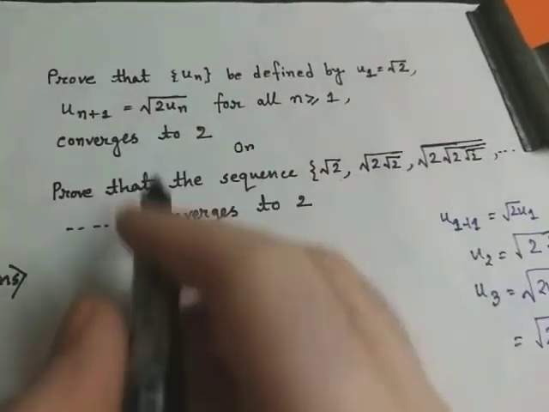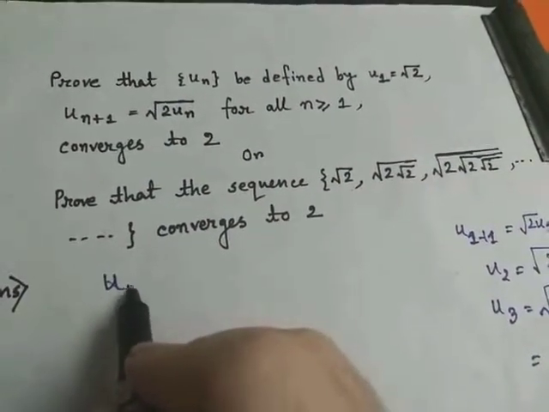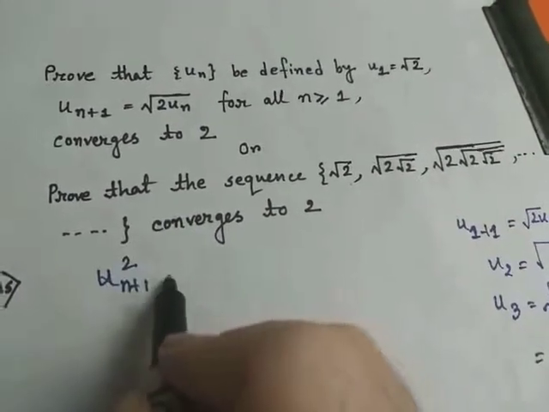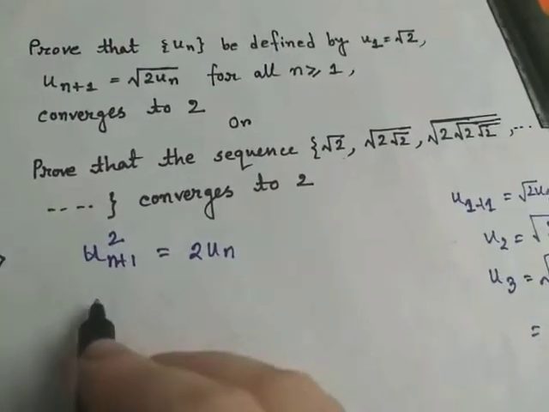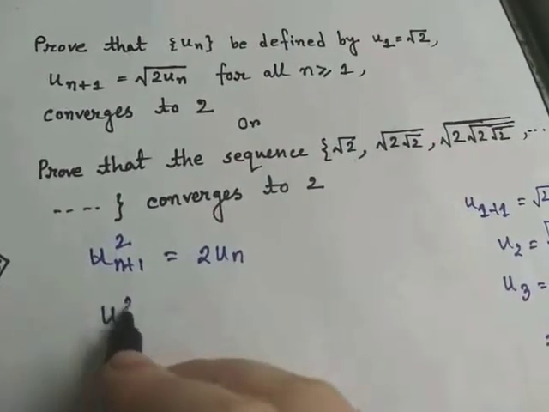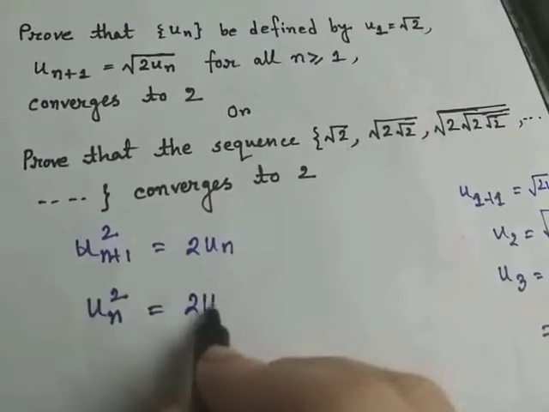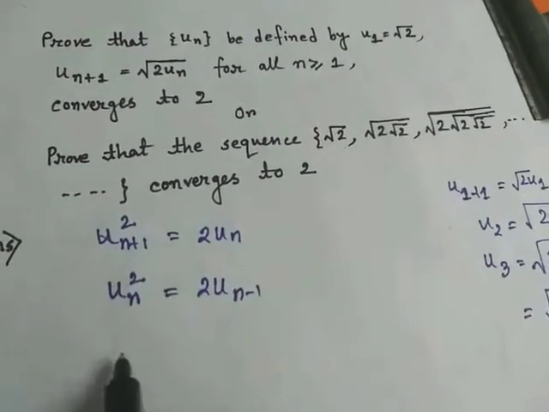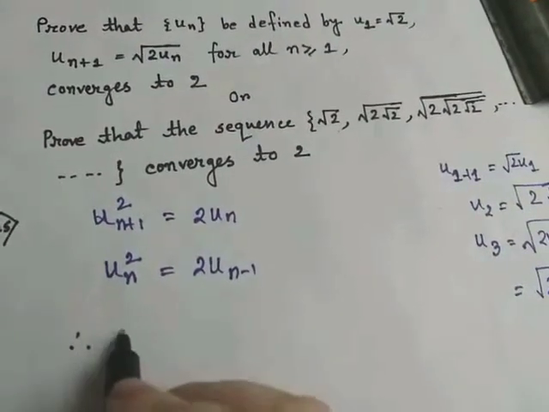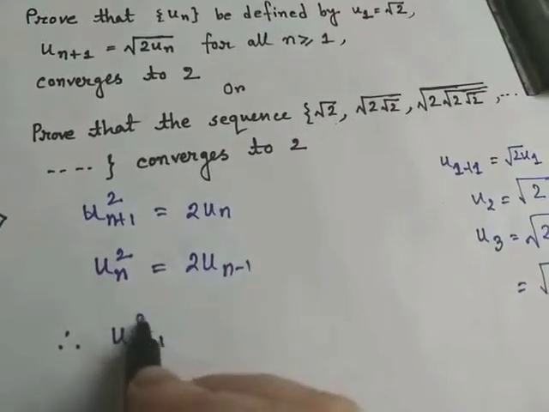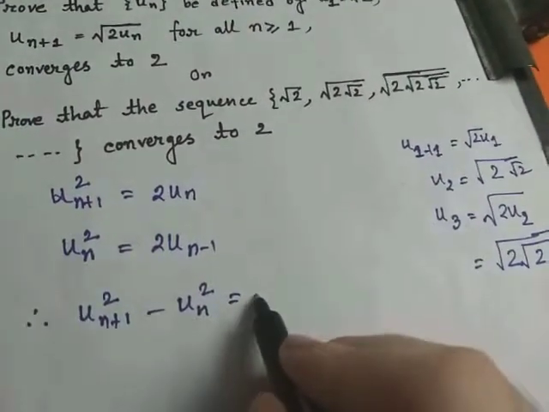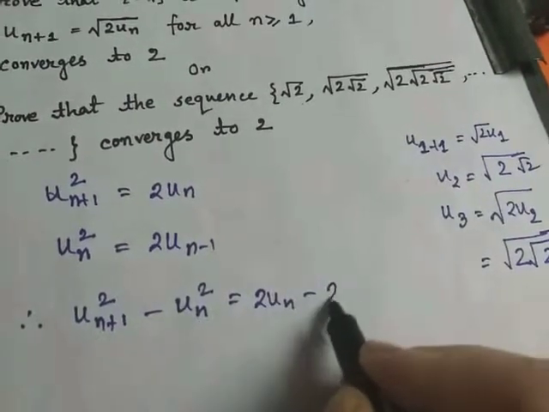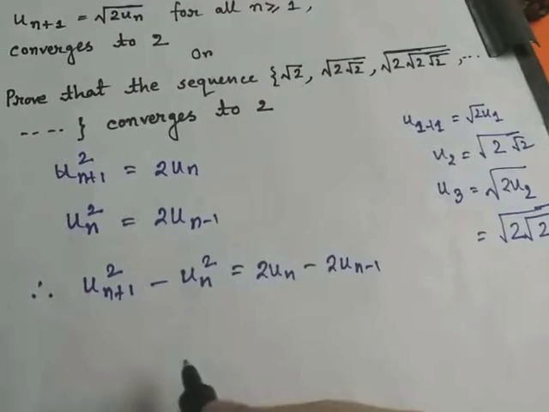So first, un+1 square equals 2un. So un square equals 2un-1, we can write. Now subtract: un+1 square minus un square equals 2un minus 2un-1.